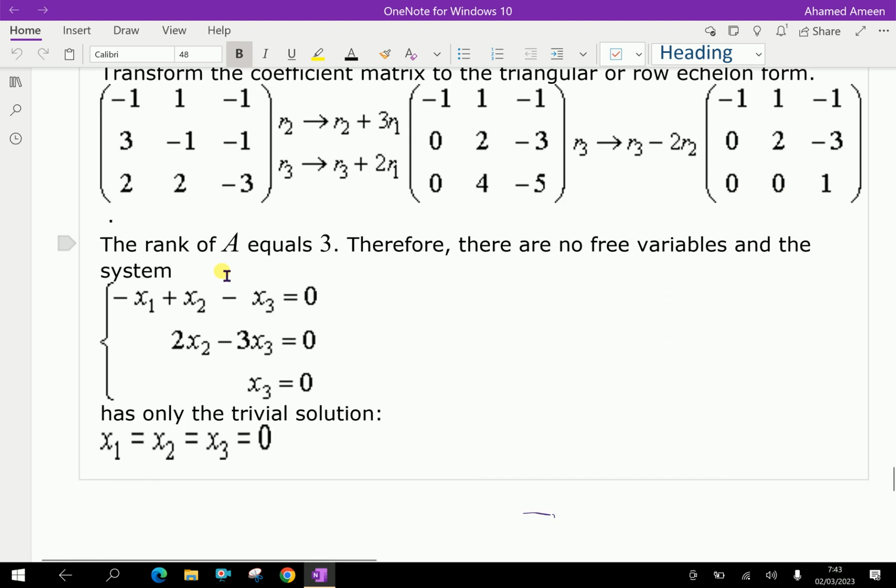Now the rank of A is 3, because it is a 3 by 3 matrix with a triangular form. There are no free variables.